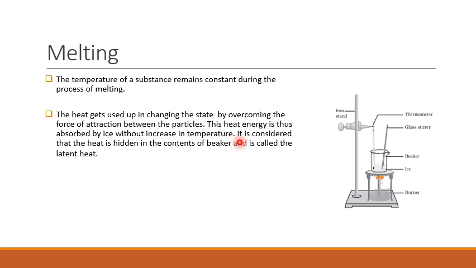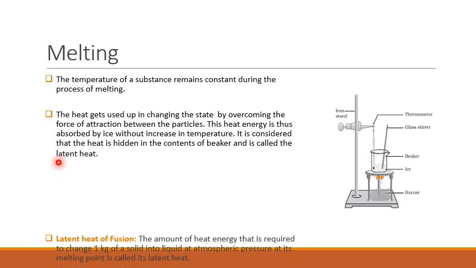So that's why it is considered that the heat is hidden in the contents of the beaker, and this heat is known as latent heat. The word latent means hidden. So the heat which we are providing for melting is known as the latent heat.